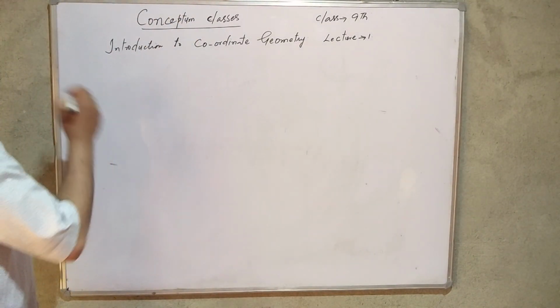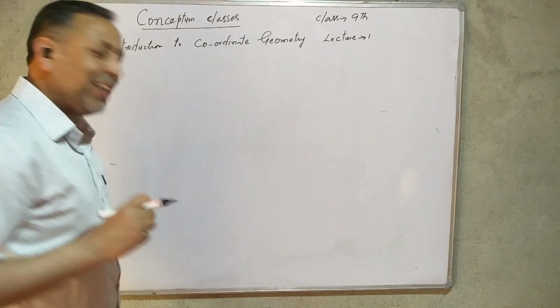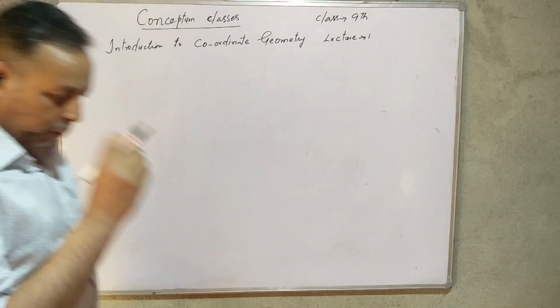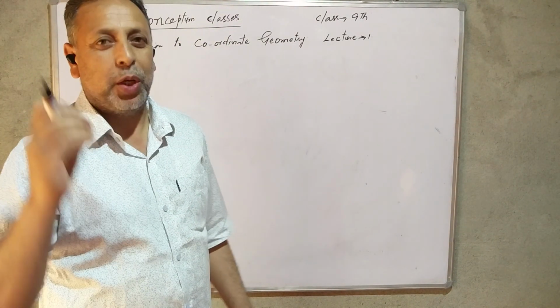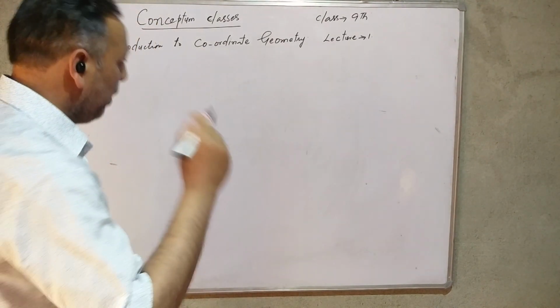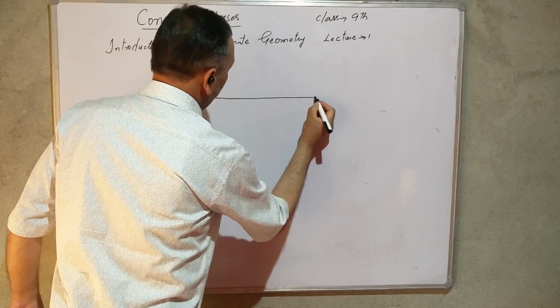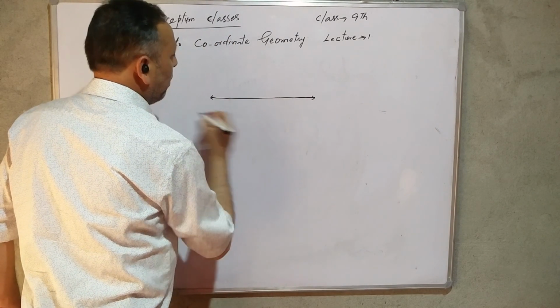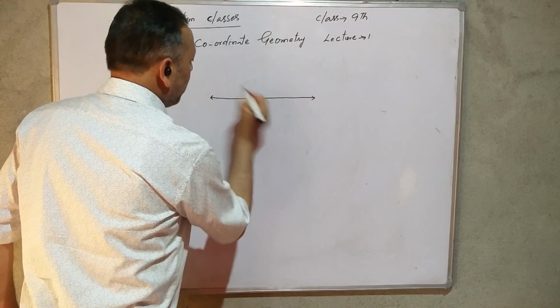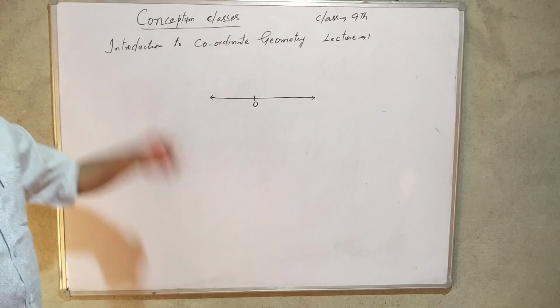Dear students, we have already studied how to locate a point on a number line. Let me recall. Let me draw a number line. First we mark a fixed point on the number line.